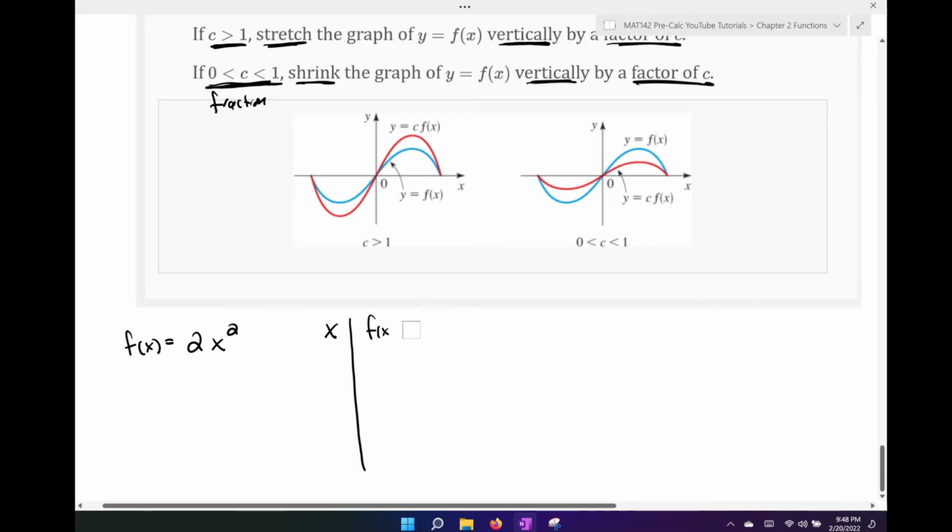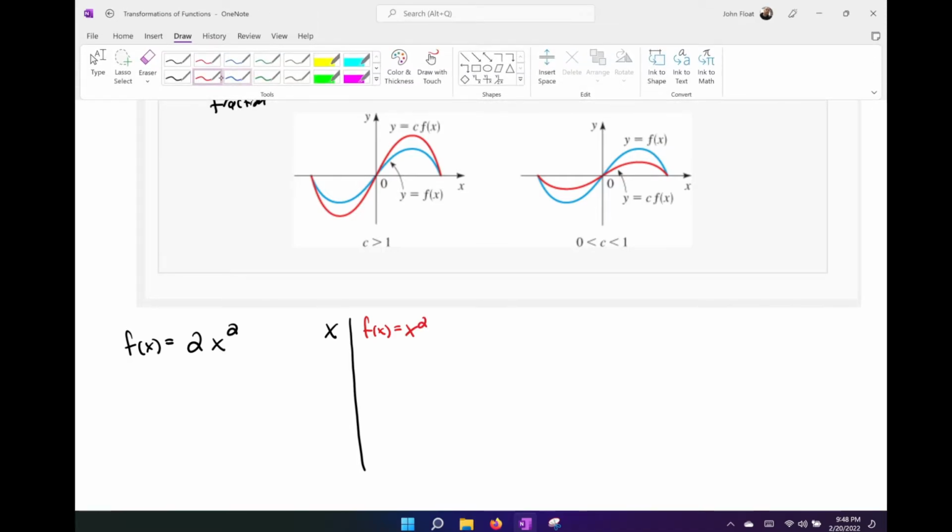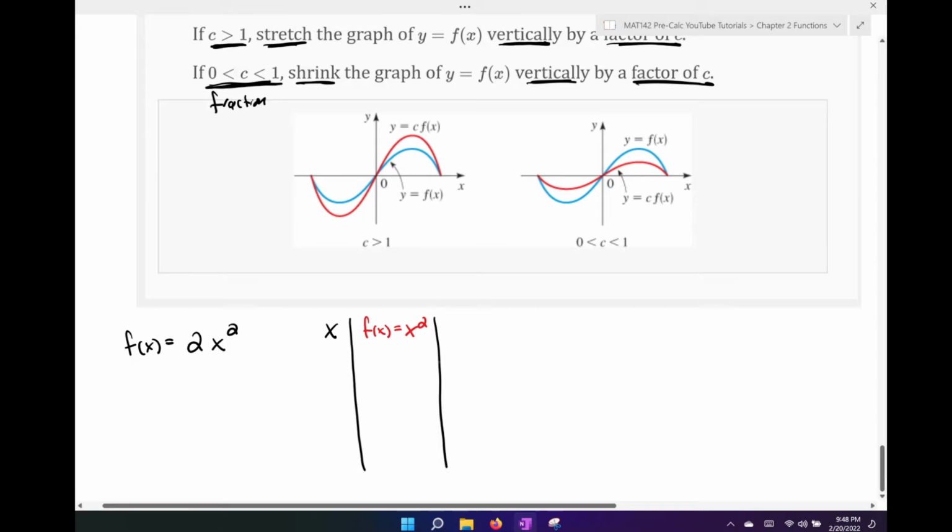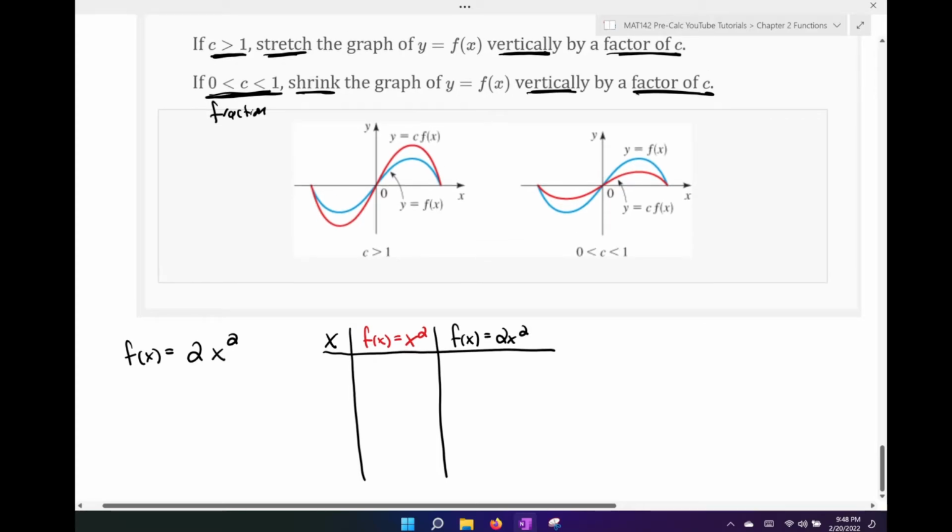Let me do this. f of x equals x squared will be our parent function. And then in black, I will write the function that is going to be, in this case, stretched vertically by a factor of 2. So pick some x values. Let's do -2, 0, and 2.